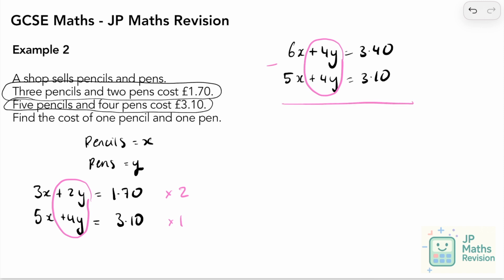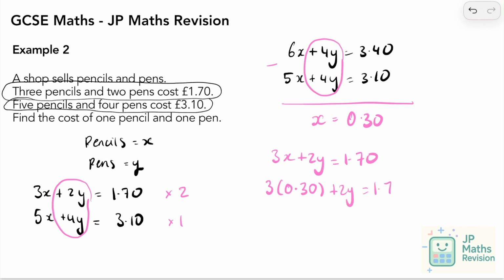So 6x take away 5x, that's 1x. £3.40 take away £3.10, that's 0.3. So I can say that the pencils are 30p. And now substituting that back into one of the equations. So if I pick the top one, 3x plus 2y equals £1.70, so 3 times £0.30 plus 2y is £1.70.